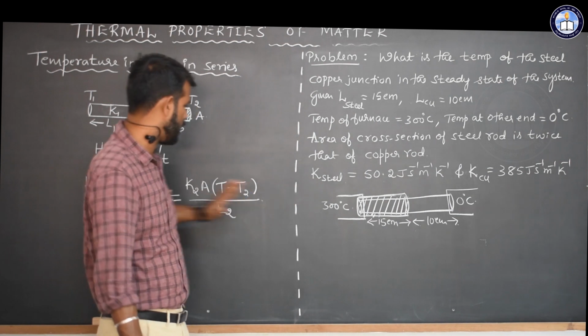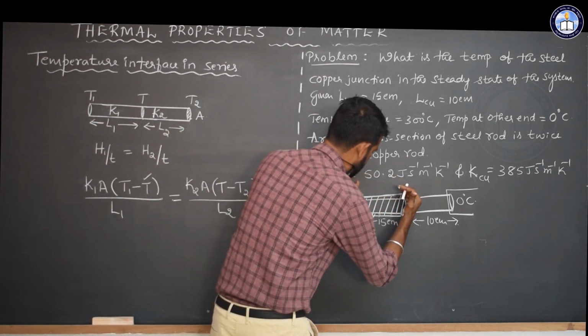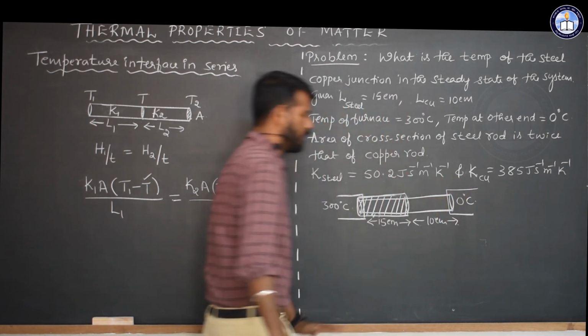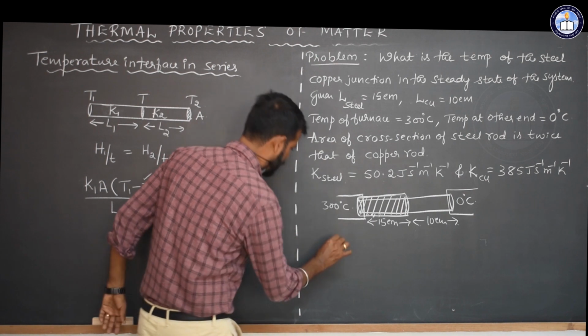Now let us use the idea here. The heat current in the steel rod is equal to the heat current in the copper rod. You can just write the formula here.